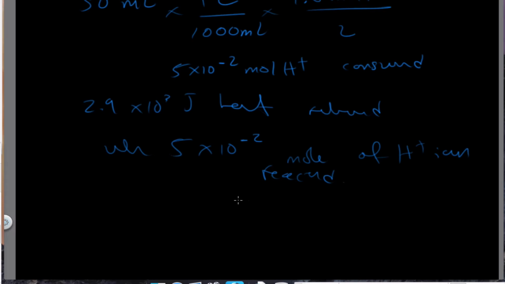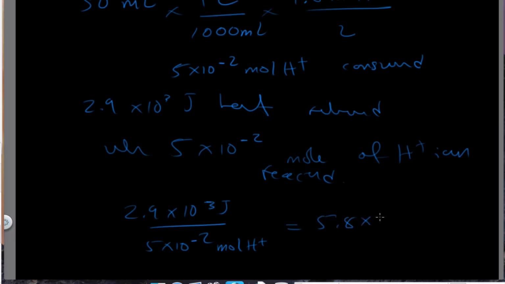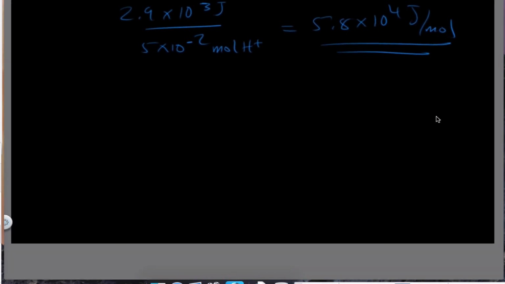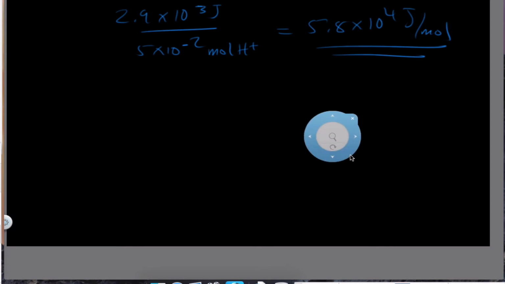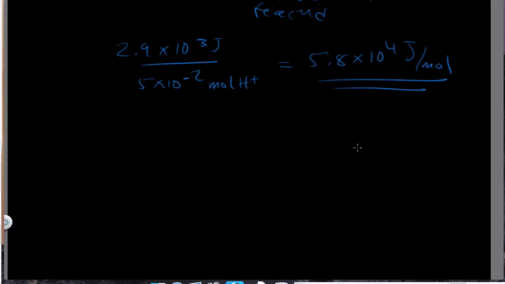So this would be 2.9 times 10 to the third joules over 5 times 10 to the negative second mole H plus, and this is equal to 5.8 times 10 to the fourth joules per mole. This is the enthalpy of reaction, the amount of heat released per 1 mole of H plus ions that are neutralized.